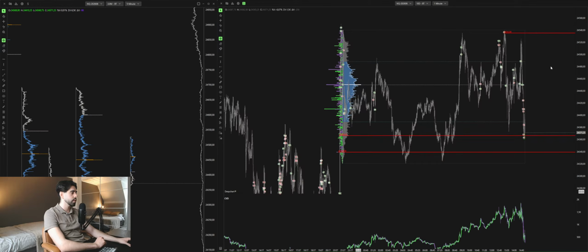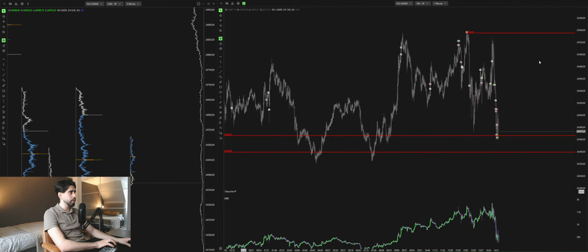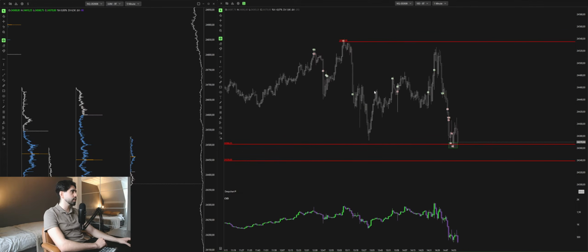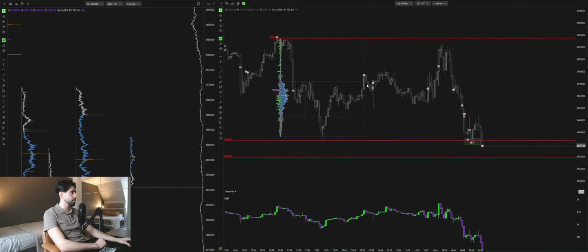But it depends how you want to trade. If you want to trade it more scalping wise, we can use this maybe. This is a B shape, then you try to take the short here, back to POC.